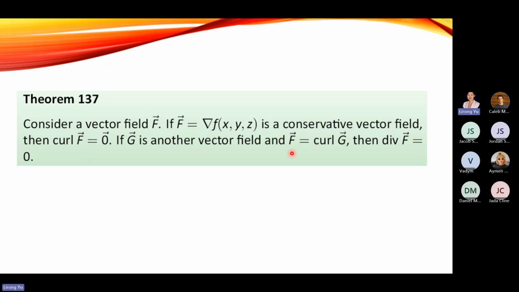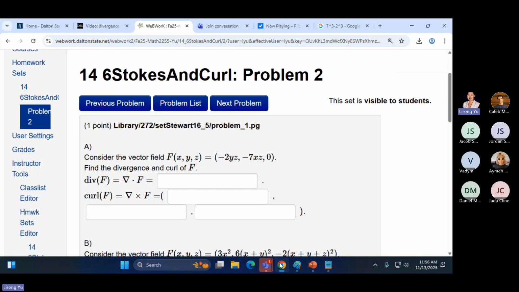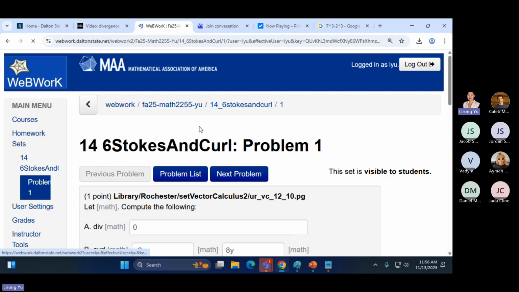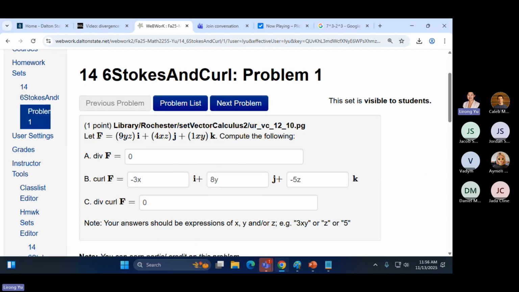So this is one of the theorems that we already observed in the calculation we were doing here. Now we were doing question number 1, and the vector had a divergence that was not zero, but we were able to calculate it. So obviously the curl is not all zero. But when you calculate the divergence of the curl, it is also equal to zero, right?